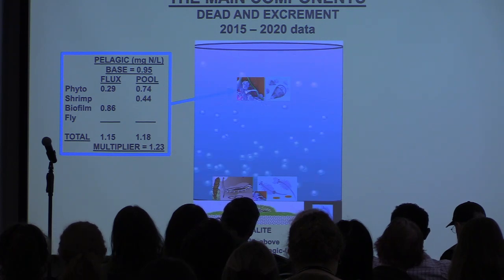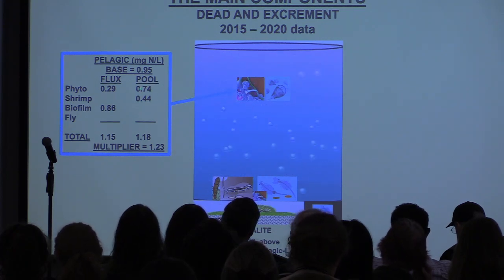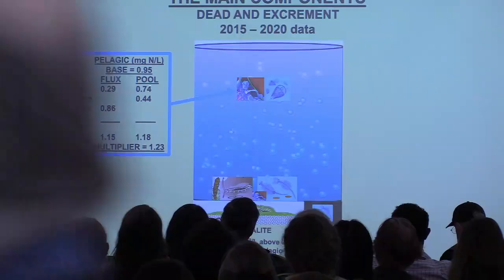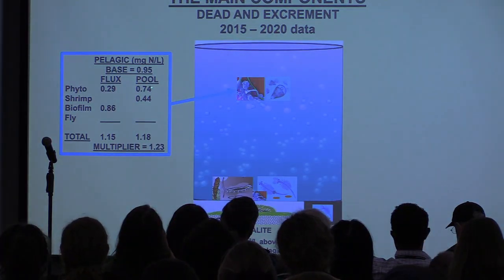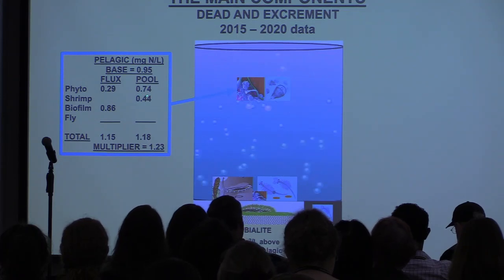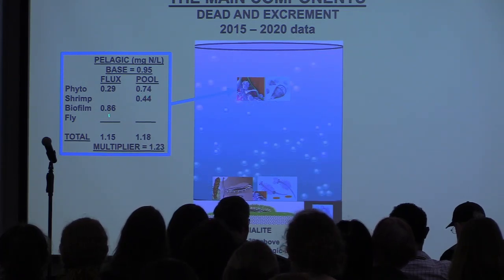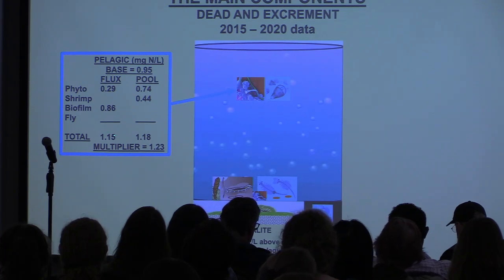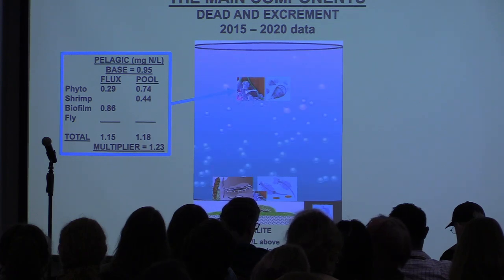And that now is picked up and used by the phytoplankton for growth, reproduction, 0.74 micrograms, and 0.44 for shrimp growth and reproduction. Add the flux column up, we get 1.15, and we have 1.18 for the pool. They should be equal. They come pretty close.